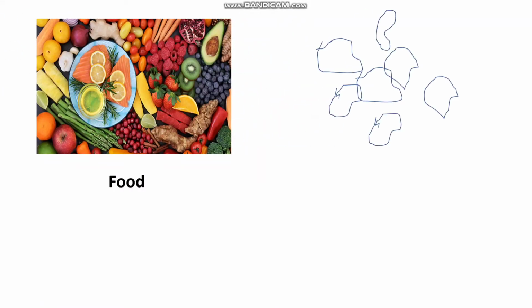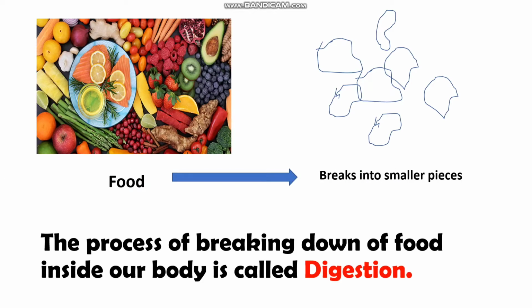What happens, the food that we eat cannot be used directly by our body to give us energy. So it has to be broken down into smaller pieces, and the process of breaking down of food inside our body is known as digestion, and the food is digested by the digestive system of our body.